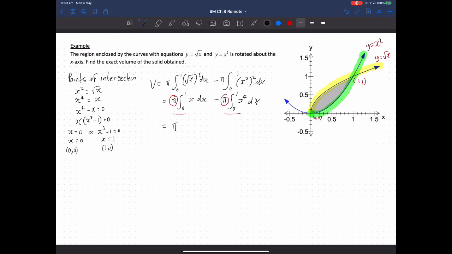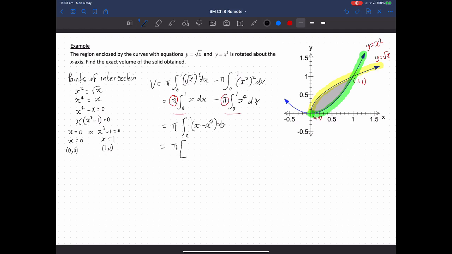Using the rules that you learnt in Maths Methods, the terminals are the same for both integrals. So I'm going to write 0 to 1. And we now have x minus x to the power of 4 dx.